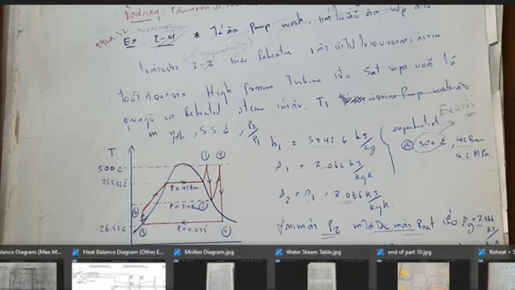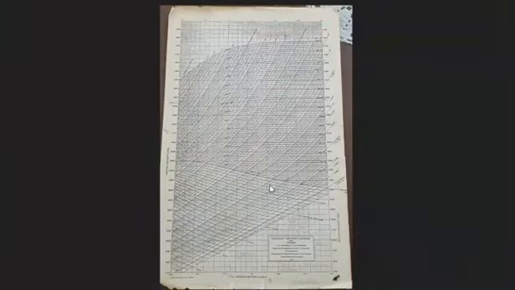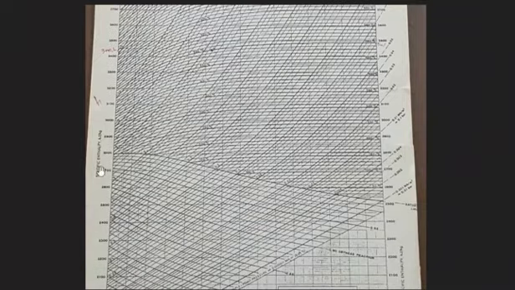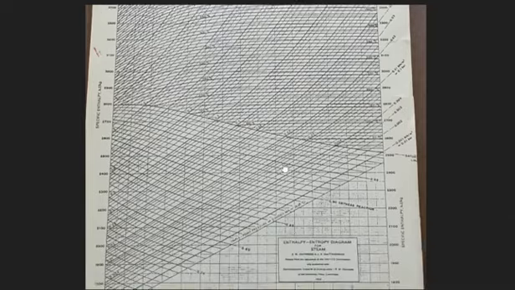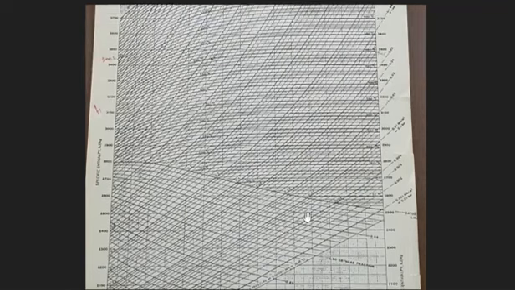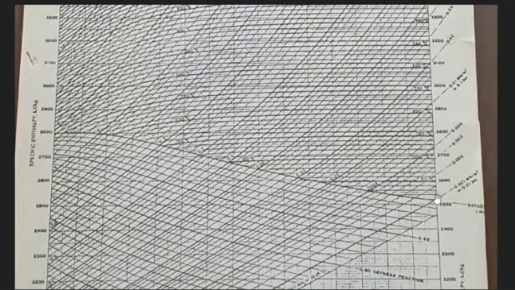Okay, we can do that by looking at the graph, what we call the Mollier diagram. This axis is enthalpy in kilojoule per kilogram, and this axis is entropy, in kilojoule per kilogram degree Kelvin, and these lines are the pressure.